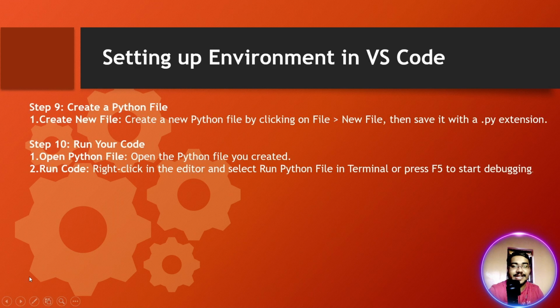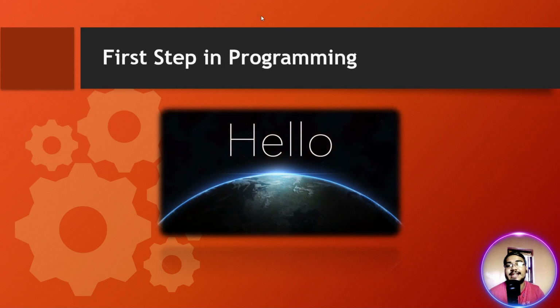After creating this file, this is our first step in programming, and you all know what the first step is. In every programming language, the first program is hello world. We have to print hello world in our first program. I think this is absolutely easy for you guys.